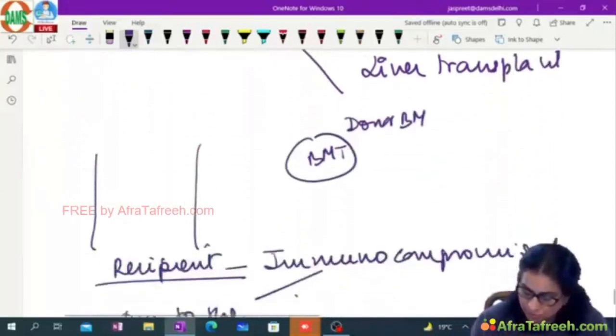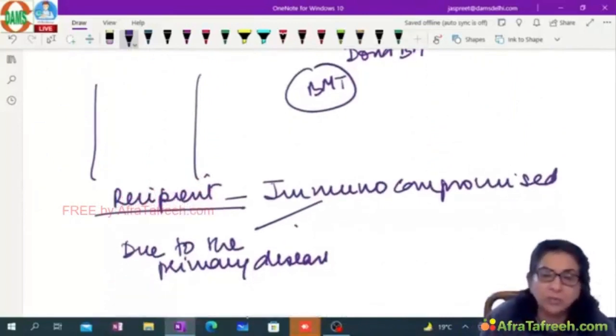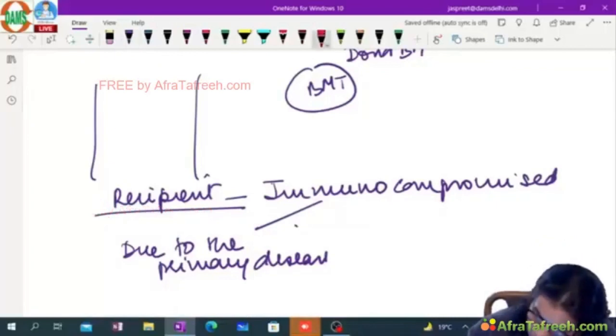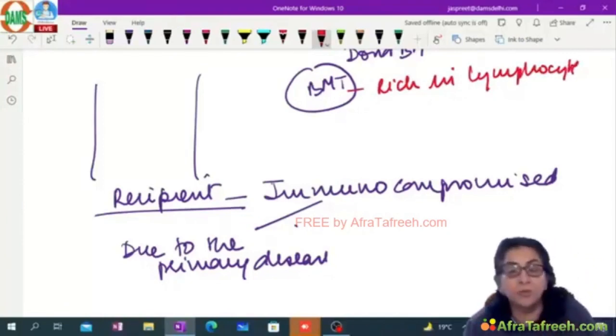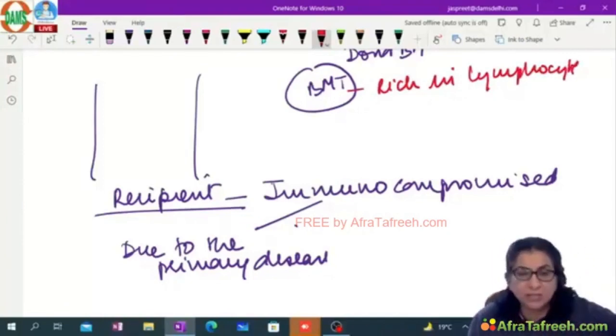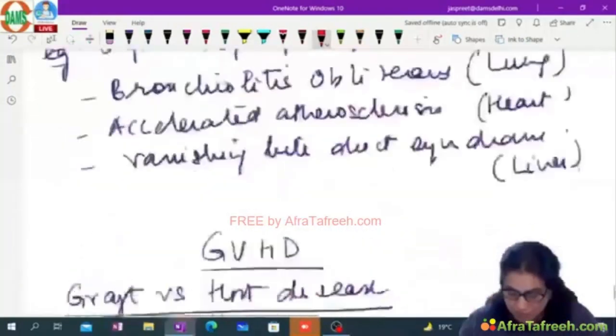Okay, now first understand the concept. Say this is a recipient who needs a bone marrow transplant, and you know this donor bone marrow is rich in lymphocytes. Now the recipient here is immunocompromised, in contrast to transplant rejection.